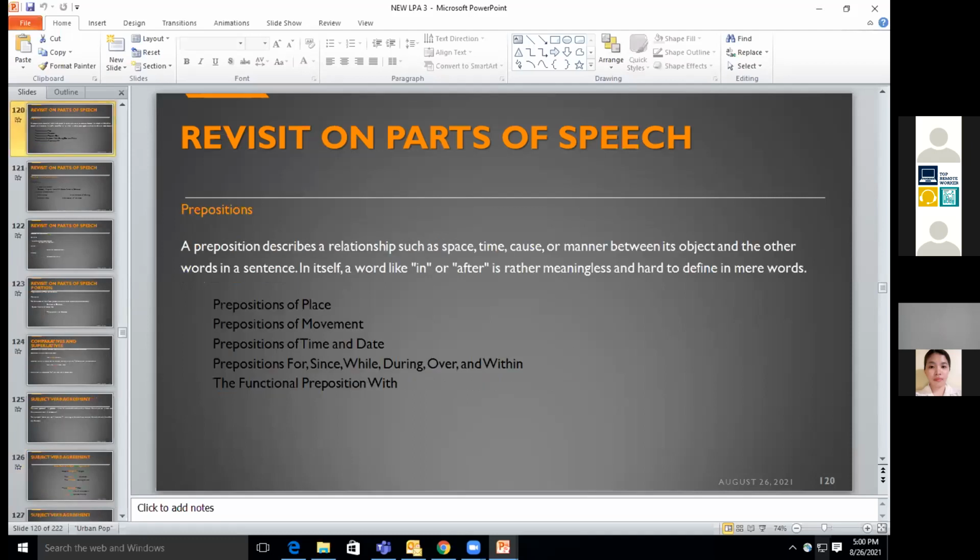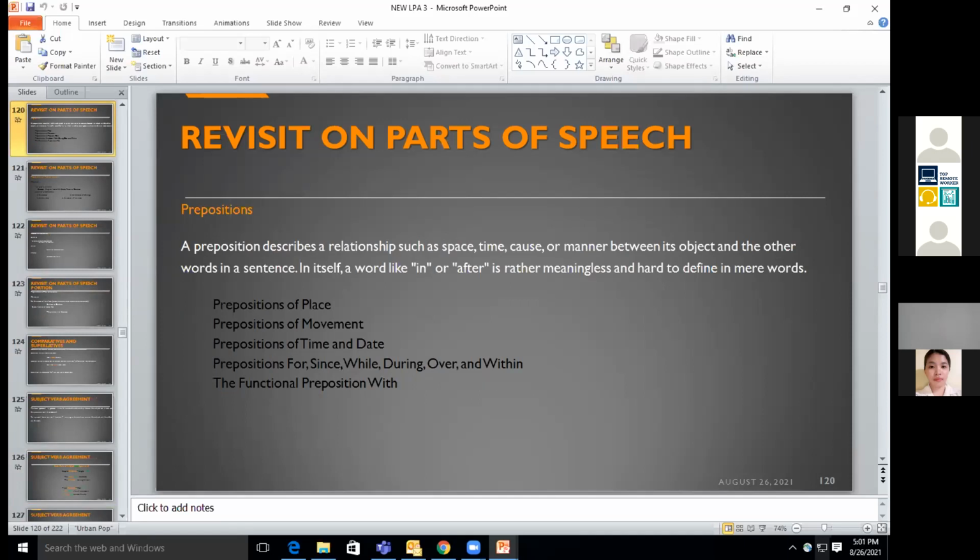Next, prepositions. Oh, this one. Even me, I am not perfect in using prepositions. I interchange some of the prepositions. But of course, we need to learn how to use them properly. Okay? A preposition describes a relationship such as space, time, cause, or manner between its object and the other words in a sentence.